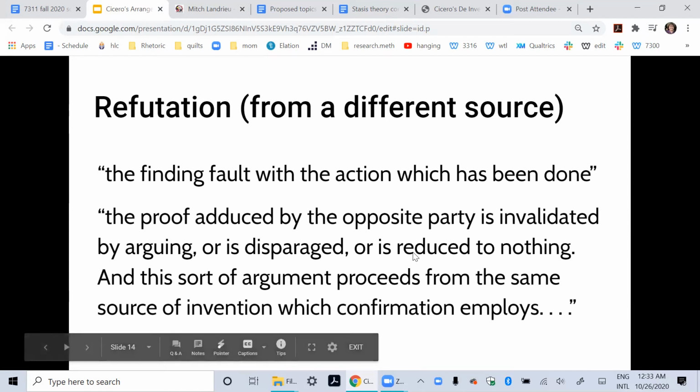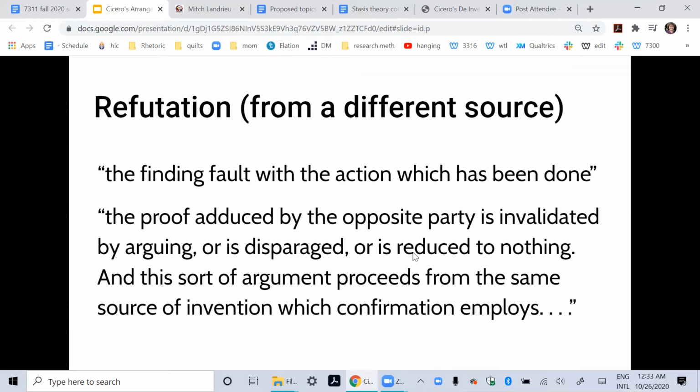Some people will talk about positive proofs in the confirmation and then negative proofs in the refutation. Basically, the simplest sort of refutation is to bring up an objection and then argue against it.